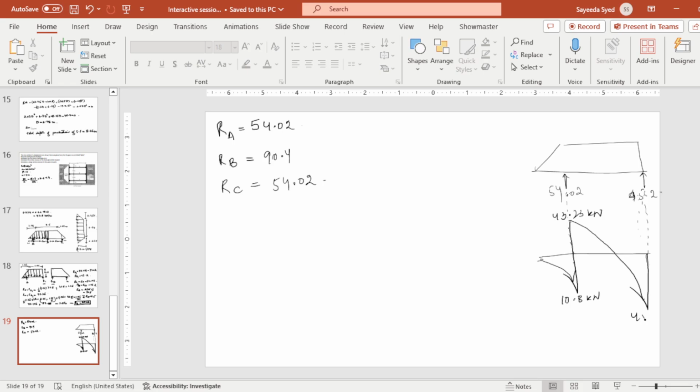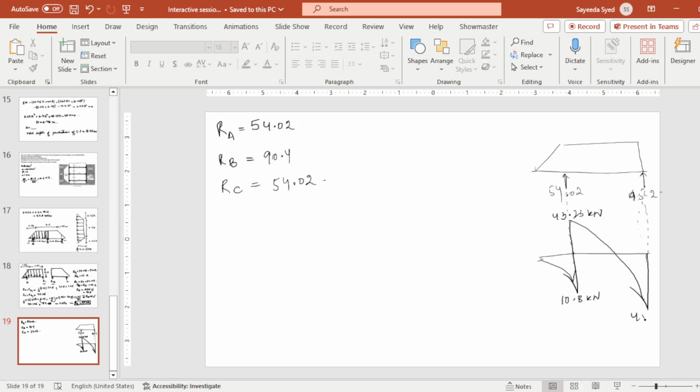So if we talk about strut loads, PA equals RA into center to center spacing, equals 54.02 into 3, which equals 162.06 kilonewton.